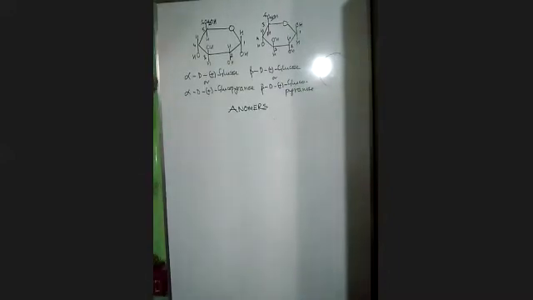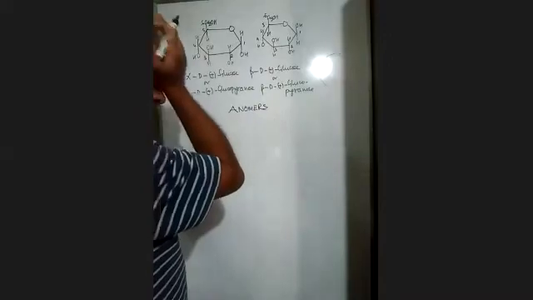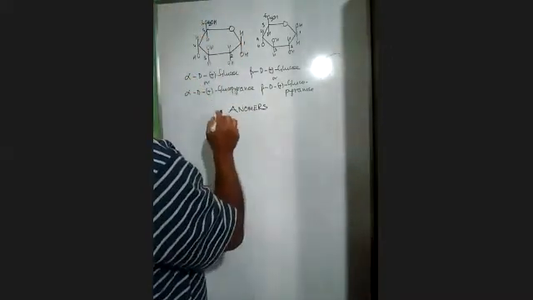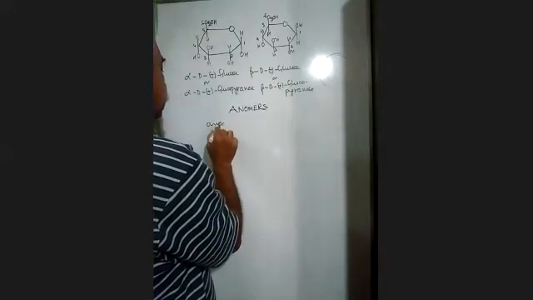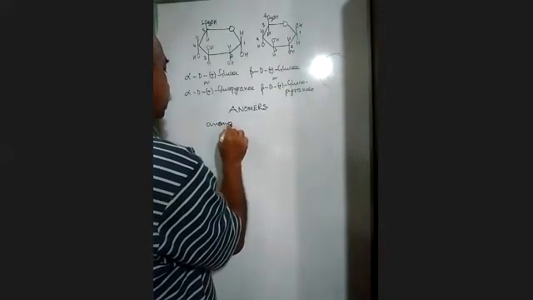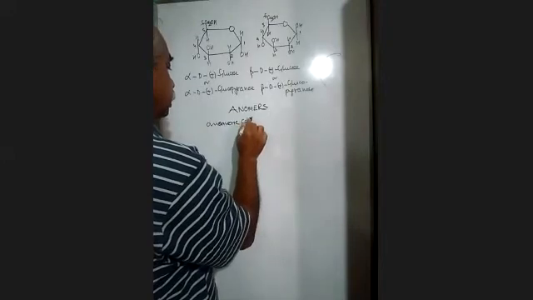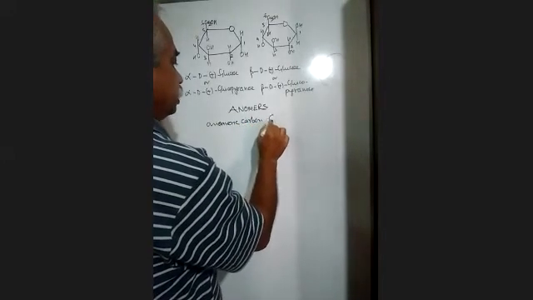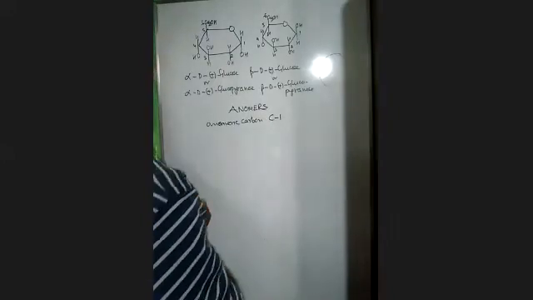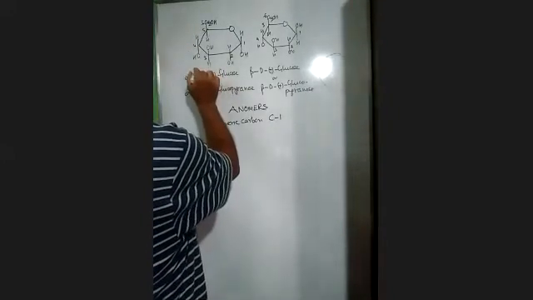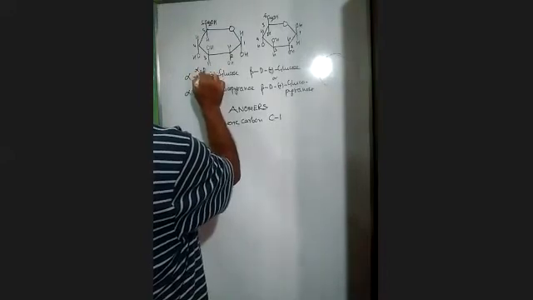Okay. So here, these are the anomers. And which is the anomeric carbon here? The anomeric carbon is C1. Okay. What is the specific rotation?